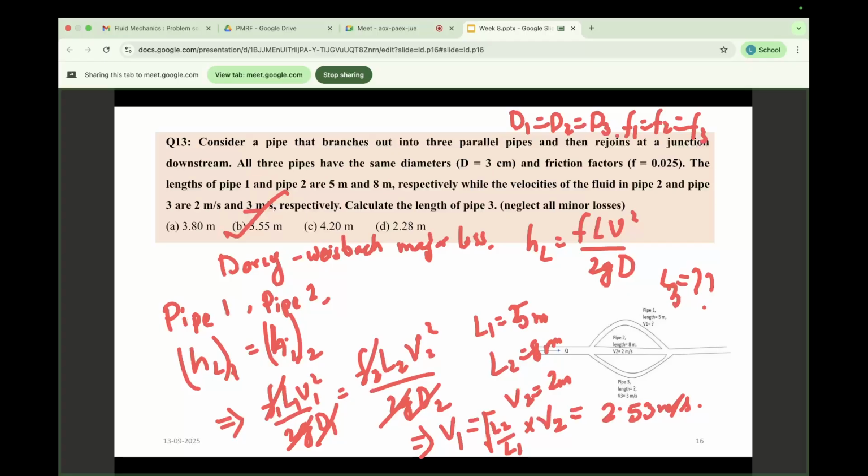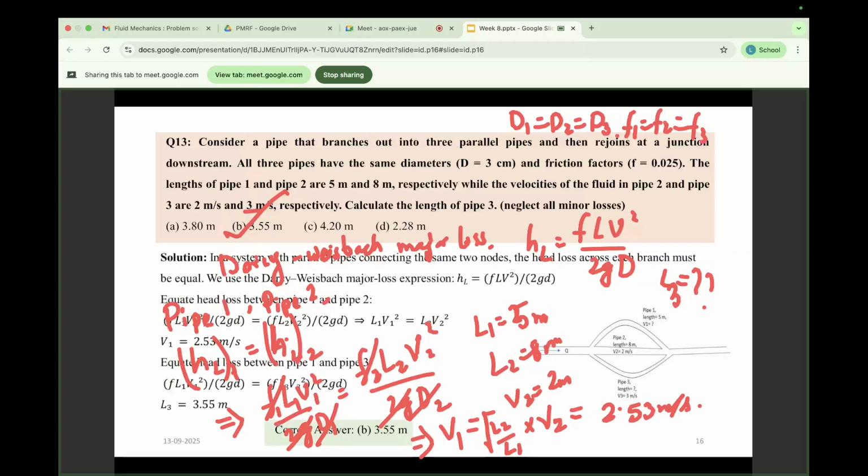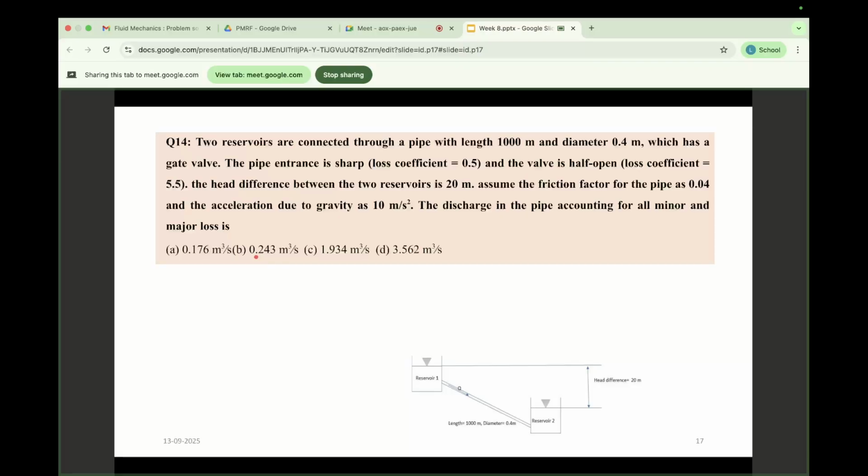So now for this last question for today, it is a similar type of question. So basically in this question two reservoirs are connected as given in the picture. Its length is given, diameter is given, gate valve is also given.